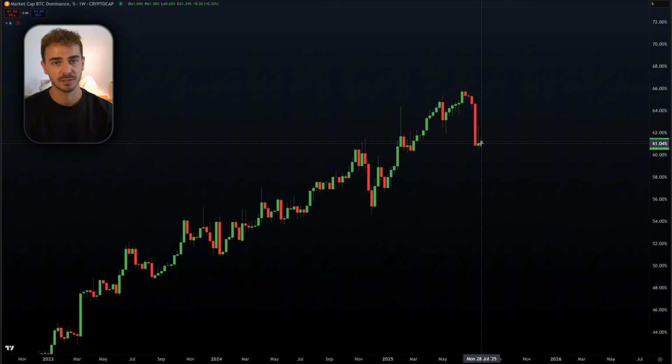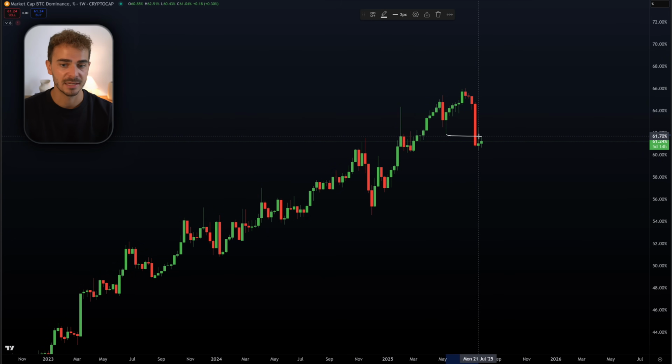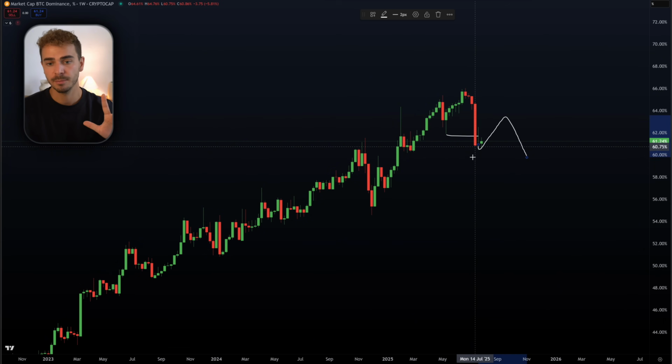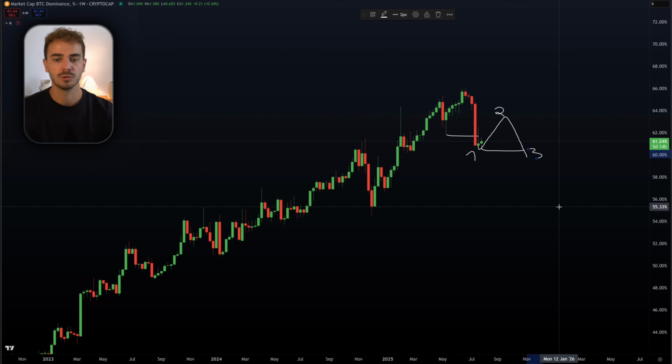A confirmed market structure change, to remind you again, is characterized by a lower low, lower high, another lower low. So I always need 3 pivots, lower low, lower high, and the lower low needs to be broken. That has yet to happen. So I can't talk about an altcoin season unless that is happening.